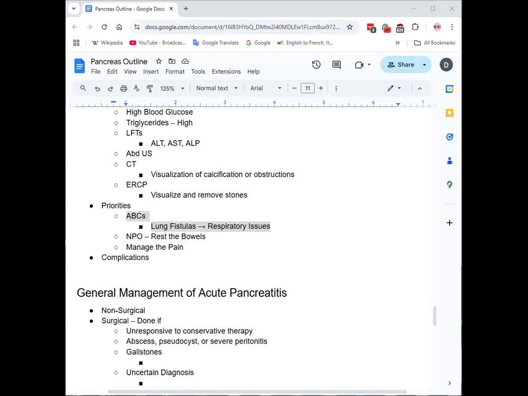Maybe there were slight subtle hints that something was going on, and that's why he really emphasizes the ABCs. Maybe you thought this person was just having issues with pain, but because you didn't make a good assessment and trend their respiratory status, they end up coding, and maybe you could have caught it because it was a subtle thing.